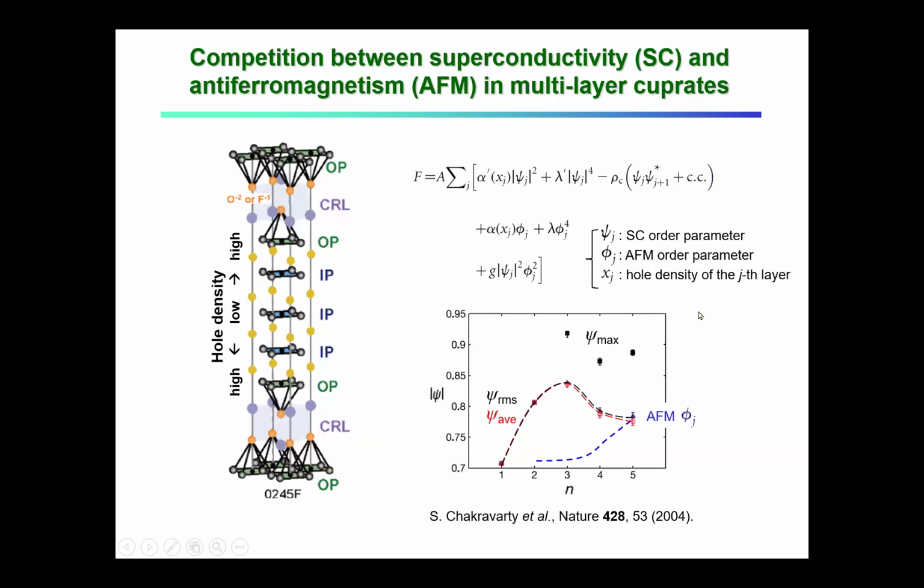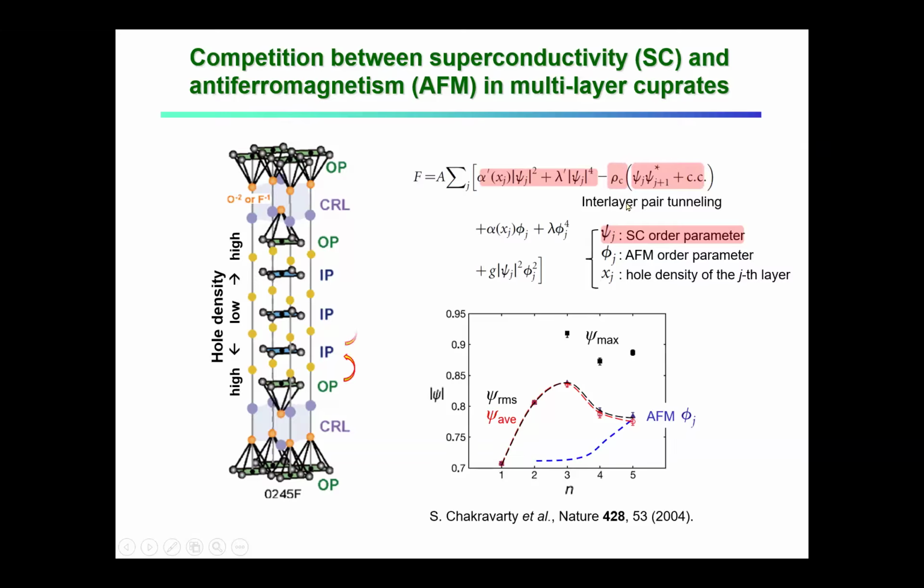And this problem was already discussed theoretically 20 years ago. Basically, my talk will give you a microscopic justification of this model, which deals with the competition between superconductivity and antiferromagnetism.